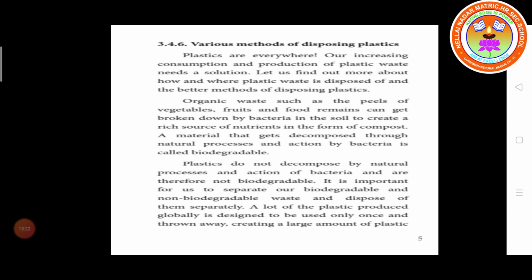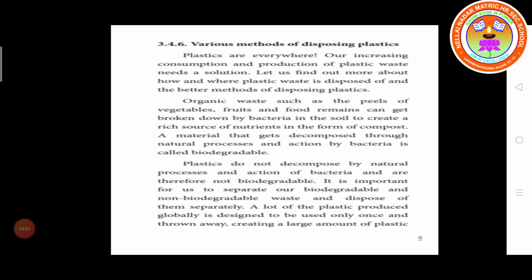Materials that decay by bacteria in the soil are called biodegradable. Plastics do not decompose by natural process and the action of bacteria, and are therefore not biodegradable. So it is most important for us to separate our biodegradable and non-biodegradable waste. It is very necessary to separate the waste into two: one is non-biodegradable waste, another one is biodegradable waste.